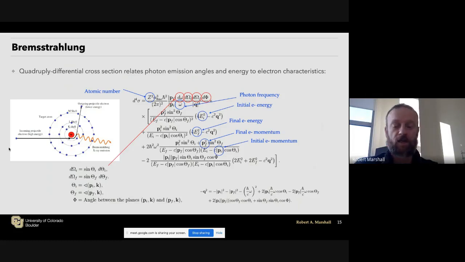The point is that the calculation of Bremsstrahlung, which is to say what energy of photon is produced for a given electron, and at what angle is that photon emitted, depends on the atomic number of the molecule that is accelerating it, such as N2. And it depends on the initial and final electron energy and initial and final electron momentum, as well as the wavelength or frequency of the photon that's produced. So this is the cross-section.